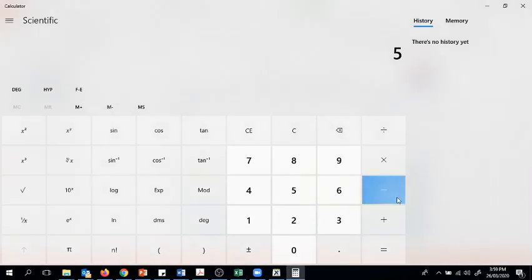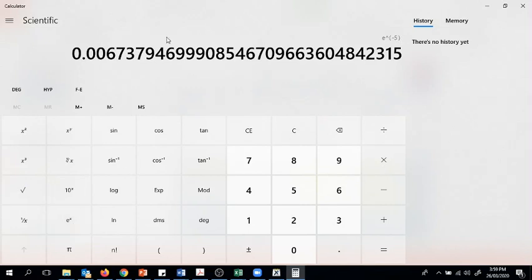Yeah. So e to the power minus 5 is this.